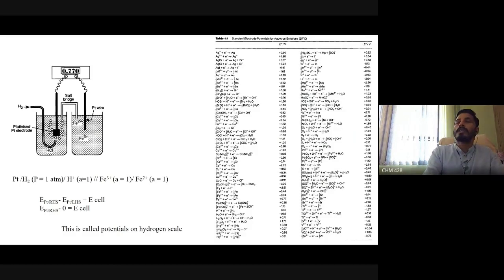This is how the electrochemical series is constructed. For the electrochemical series, the standard hydrogen electrode is the reference electrode. Everything is measured with respect to the standard hydrogen electrode. You just change the right hand side electrode: lithium, potassium, sodium, silver, and so on.